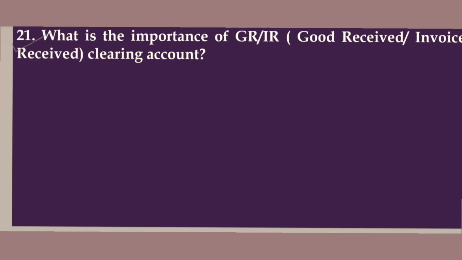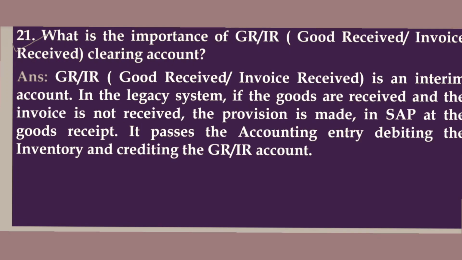What is the importance of GRIR? Goods received, invoice received, clearing account. The GRIR is an interim account in the legacy system. If the goods are received and the invoice is not received, the provision is made in SAP at the goods receipt.